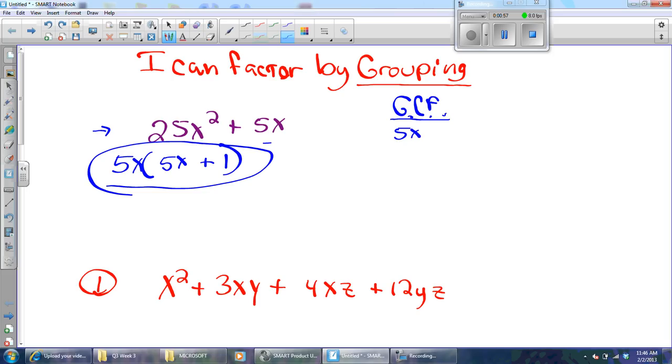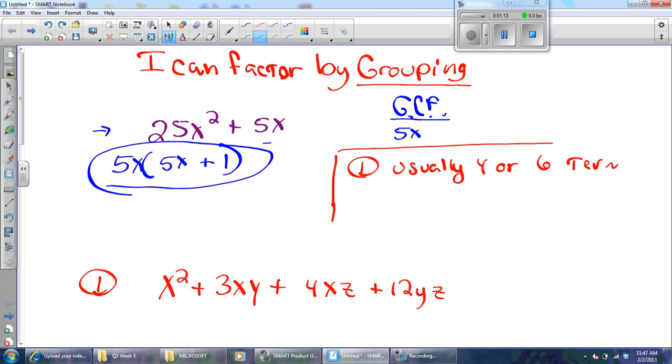Well, to factor by grouping, there are two things you need to know. The first thing is there's usually 4 or 6 terms, right?